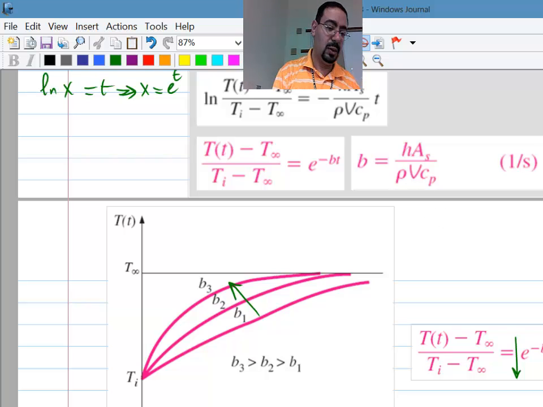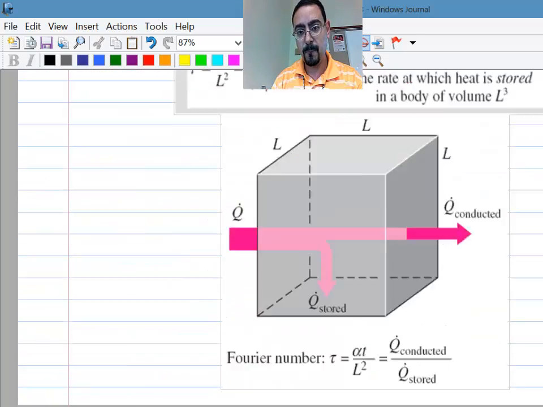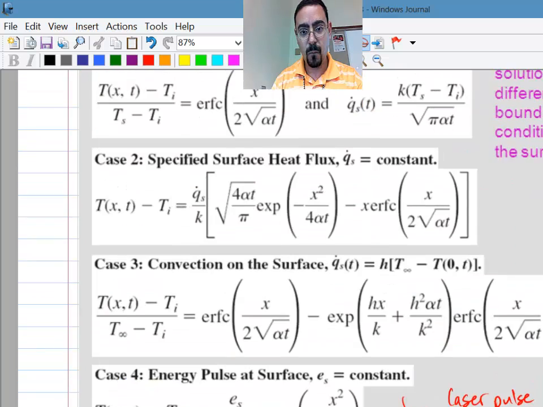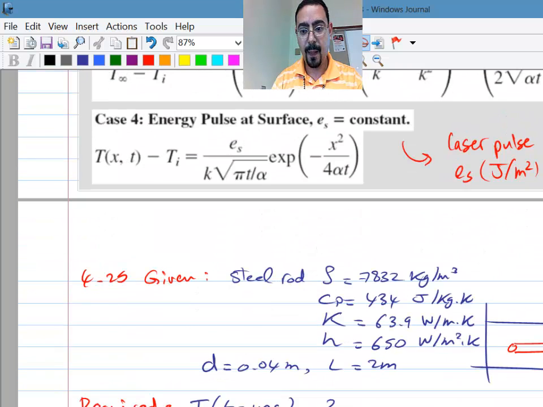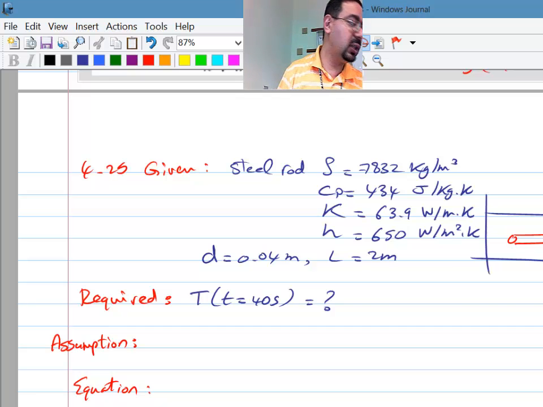So now let's solve one problem. So this is problem 25 in our textbook. It says steel rods are quenched in a hardening process. Sometimes they would like to get very hot steel and just drop it in the water so that the surface treatment is working.